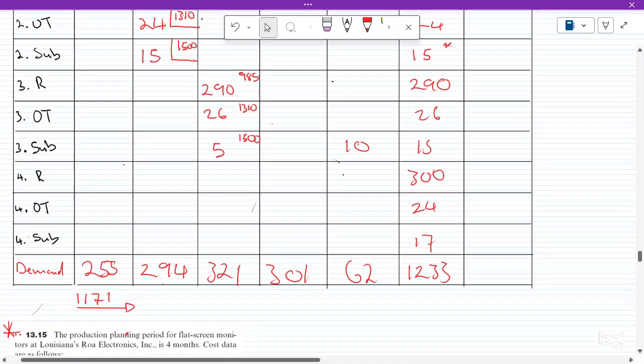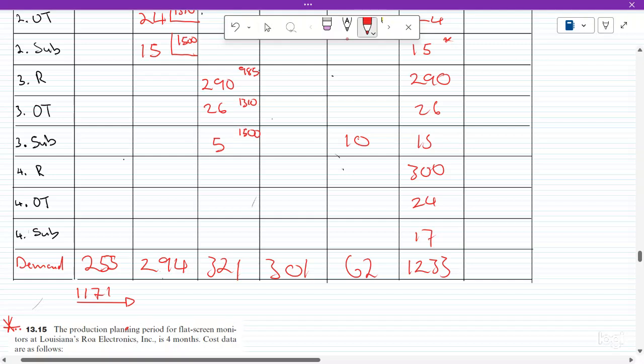Then this one, 301 now. Okay, so when you're dealing with this 301, you can ultimately see that this 985, 1310, 1500, we are needing the 300 as it is, and then we're needing 1 from this.